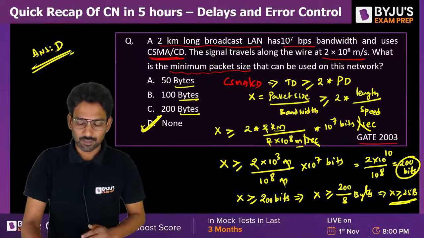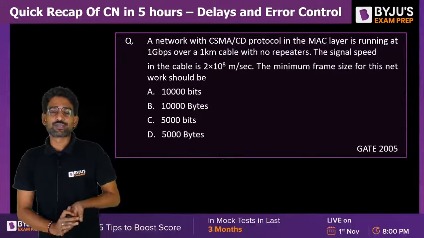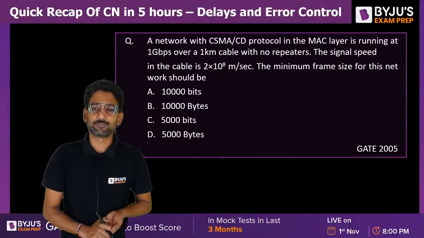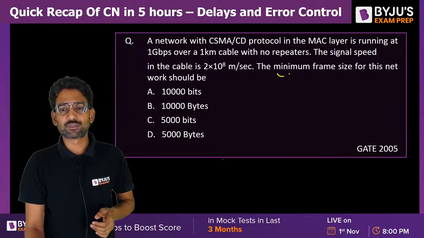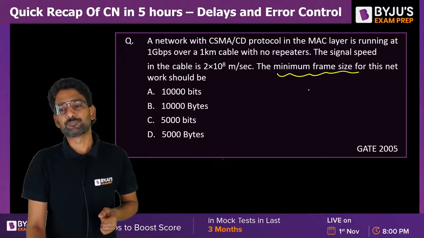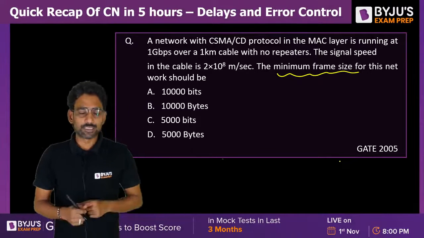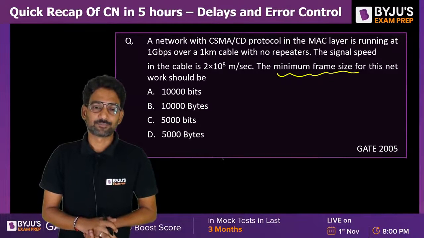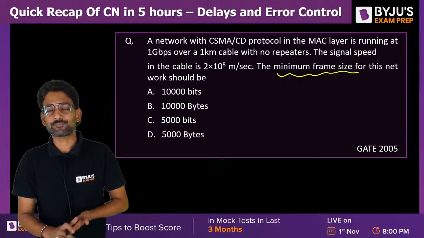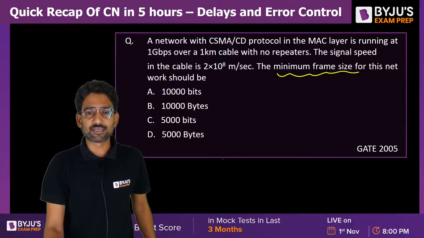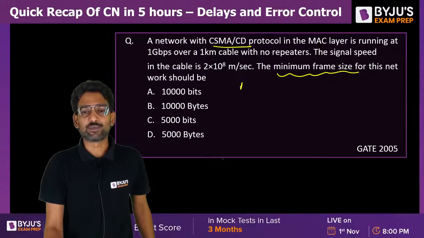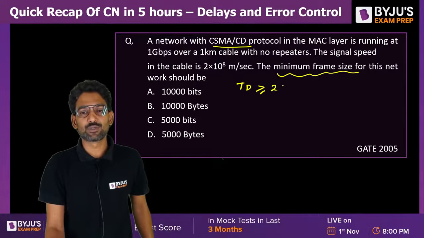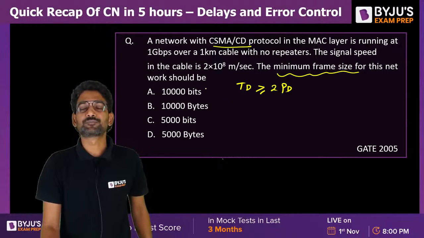Great. Now, let's see this question, 2005 GATE question. Again, you have to find out the minimum frame size. So do it quickly. Let's see who will give the correct answer first. We are given CSMA/CD, so definitely you can apply the TD greater than or equal to 2PD formula.